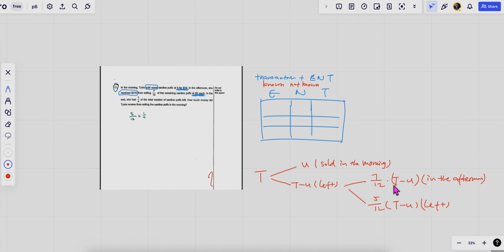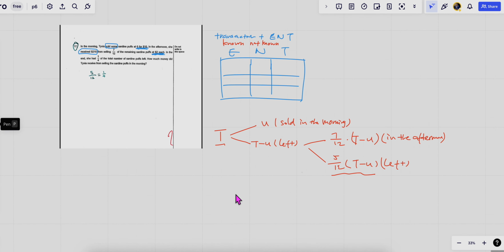And then after that, in the end, she had 1/4 of the number left. So that means 1/4 T is equal to your 5/12 of T minus U.